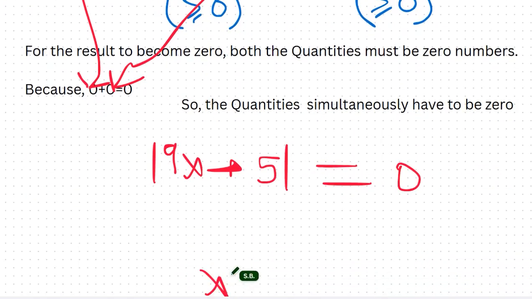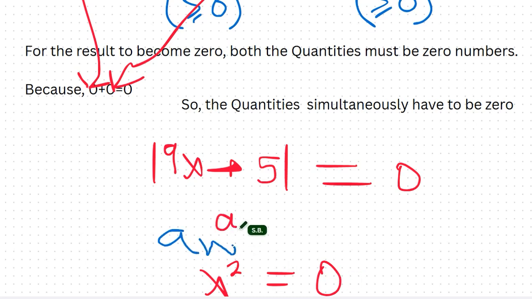So you have to write here the 'and' concept, right? This has to be 0 and that has to be also 0.